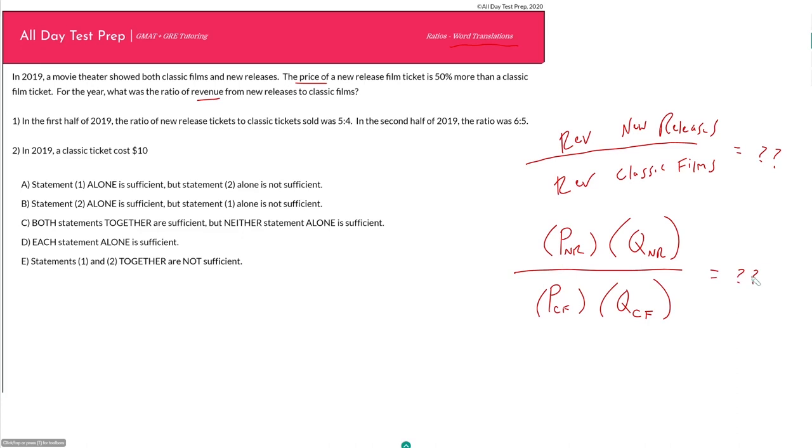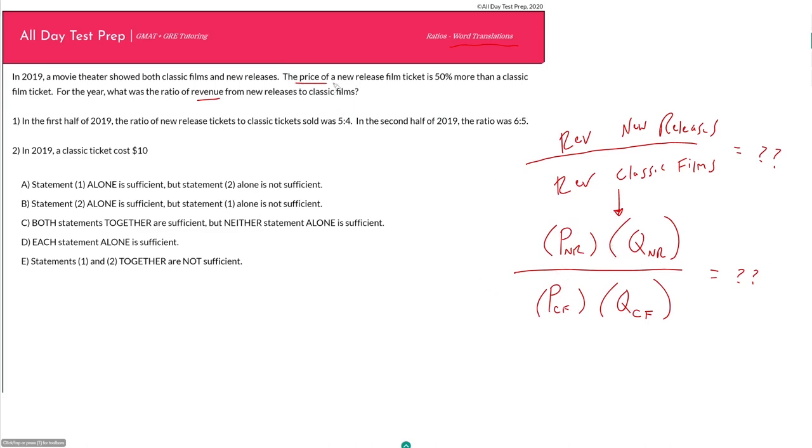It might seem like we're making this more complicated than it has to be, because we went from having two variables to having four variables. But this is also most likely how they're going to present the information, given that that's how they broke it up here. And now my goal is to get as few variables as possible, because I want things to cancel out so that I just end up with a single number.